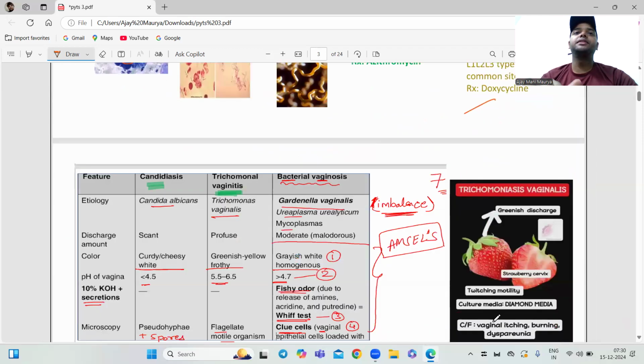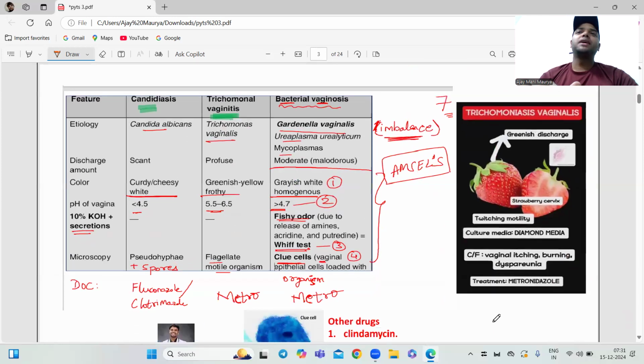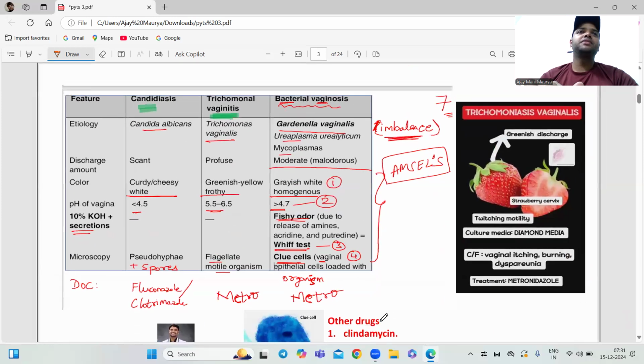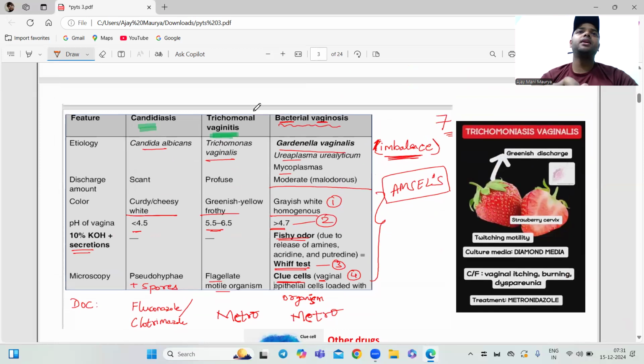Done. Next one, guys, please see this one. First let's remember trichomonal vaginitis, trichomoniasis. Just remember there is one story. This is the strawberry, and these are the leaves.